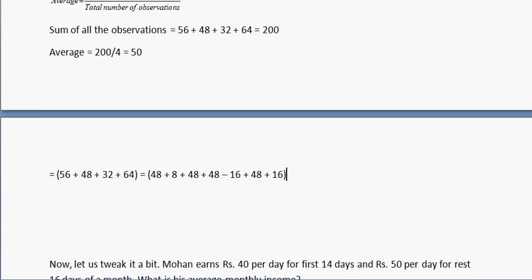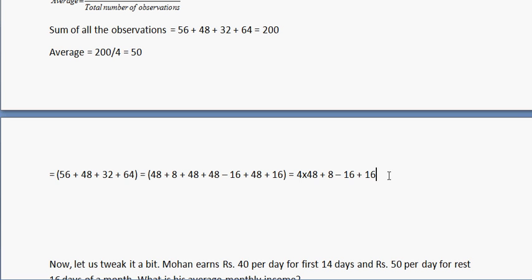Can we do it? Let's rearrange it. Can we write it as 4 times 48 plus 8 minus 16 plus 16? Yes, definitely we can do that. Now to find the average, we have to divide this sum by 4.